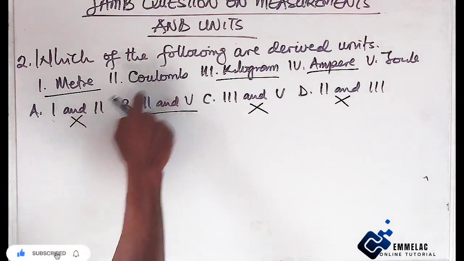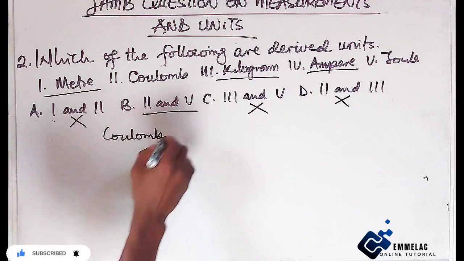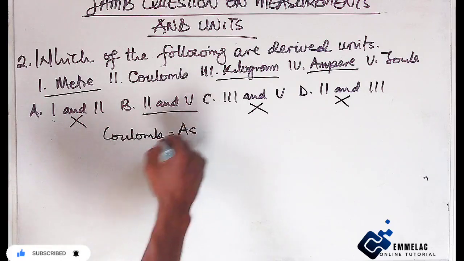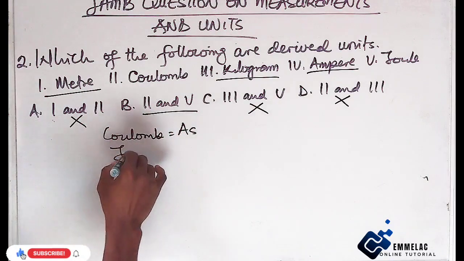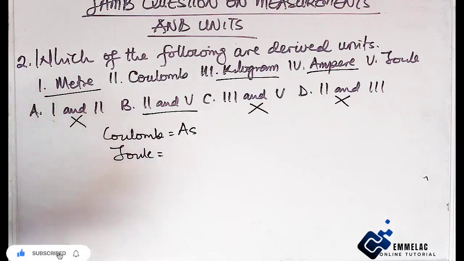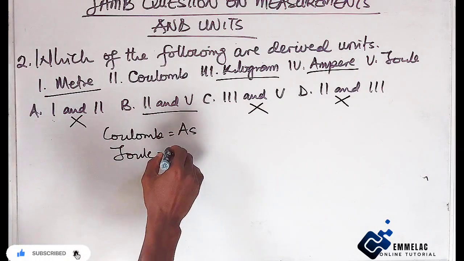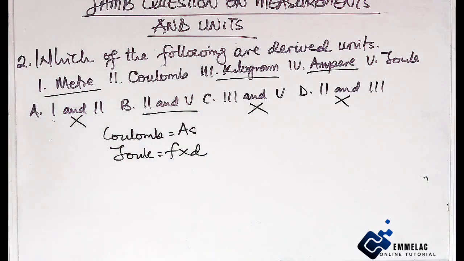So coulombs, and coulombs now is ampere seconds, okay, and joules, that will be probably energy, that will be or work, force times what? Distance. Okay. Alright, so number 2, B is the right answer. Let's move to number 3.